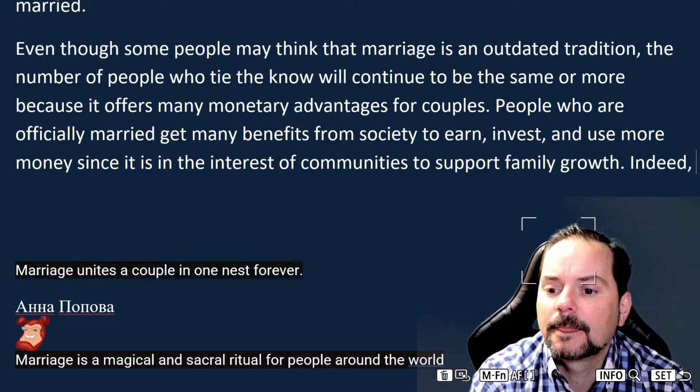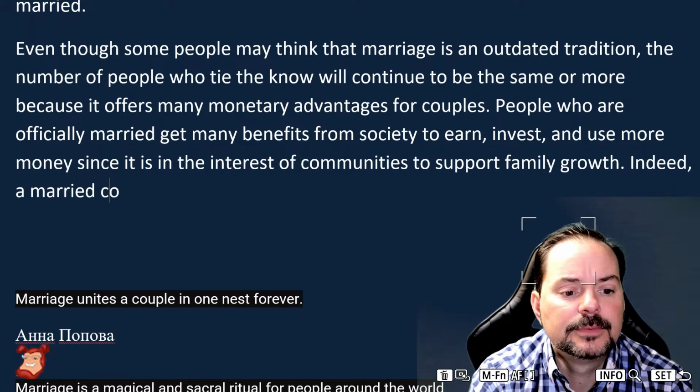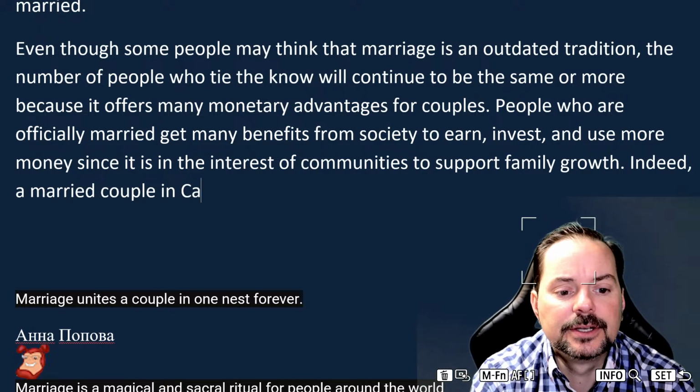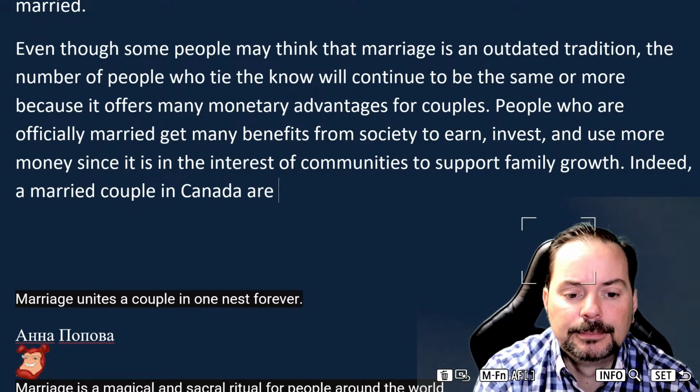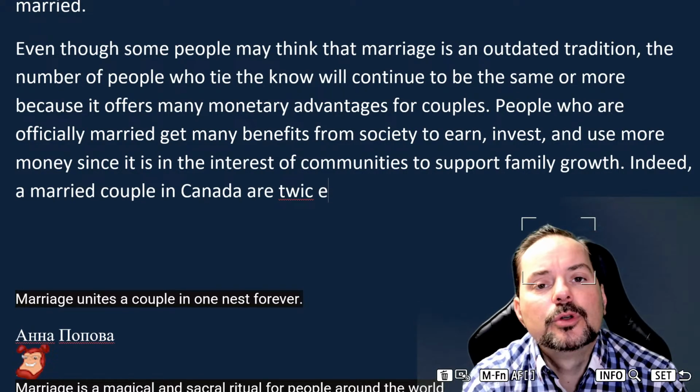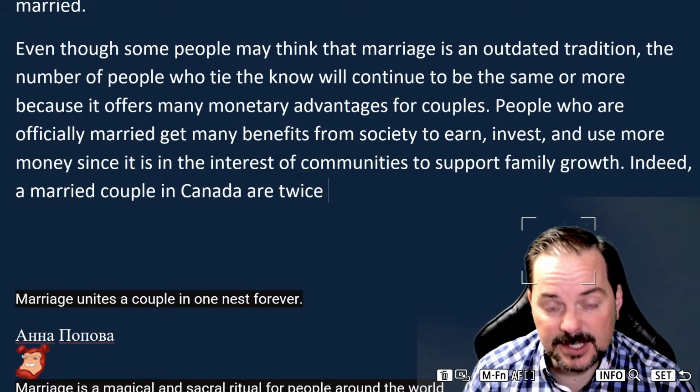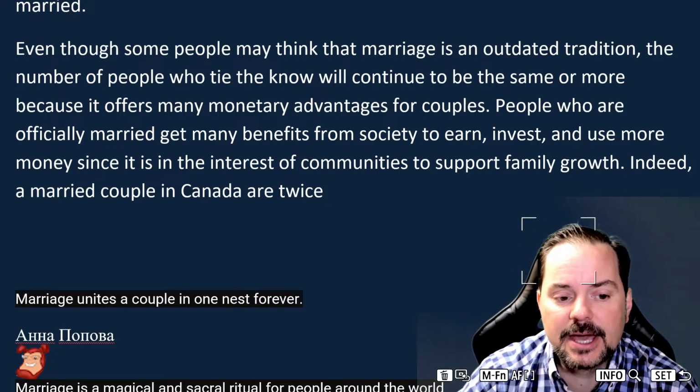Indeed, a married couple in Canada are twice, and I don't know the real statistics here, so I'm just making this up, but again, on the IELTS, it doesn't matter.